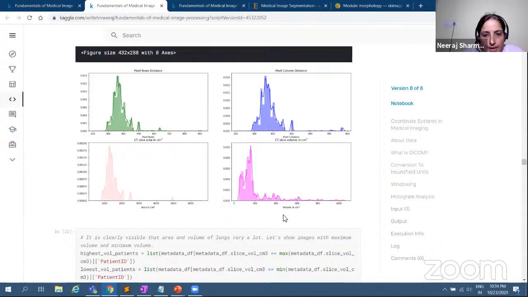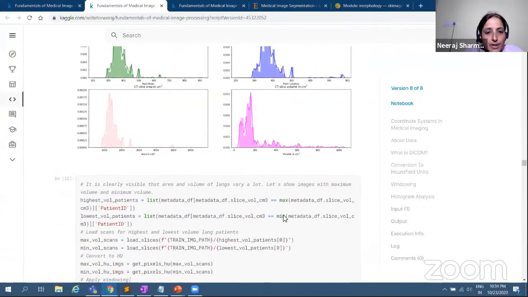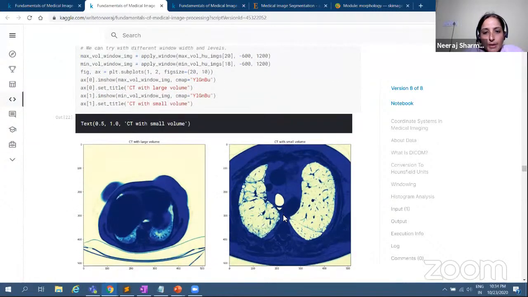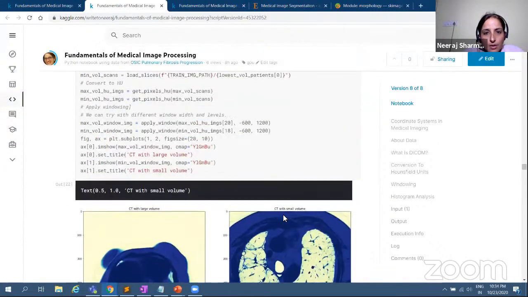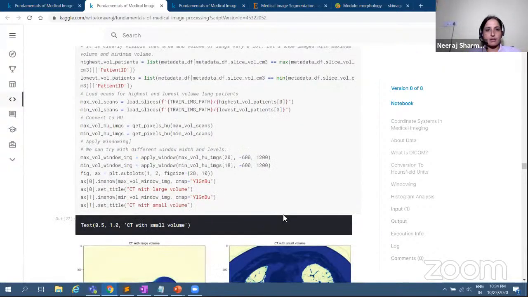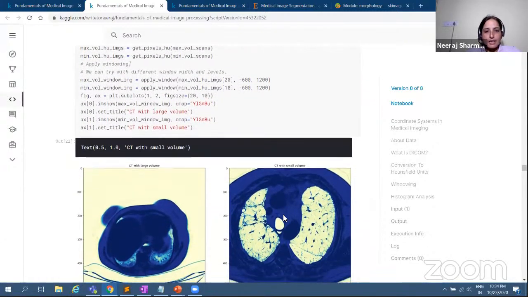Different slices have different volumes. So does it mean that a slice of a bigger volume will have a bigger lung size? No, definitely not. Certainly it is not like that. So what is it? Let's see.